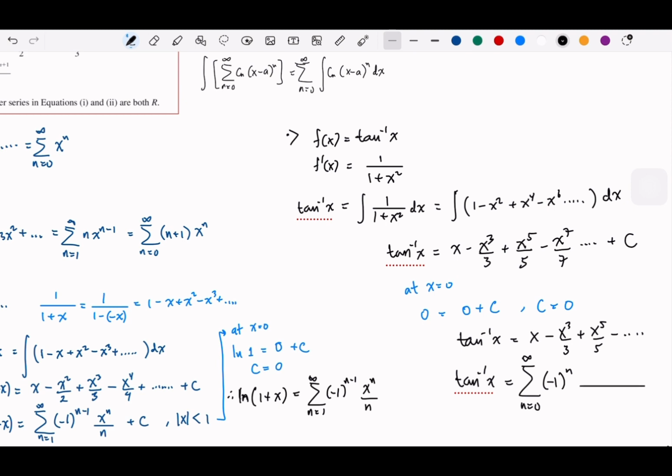And then you see that the denominator is the odd number, 1, 3, 5, 7, and so on. So this will be 2n plus 1. And the numerator will be the power with the odd value also, right? So we can just write x to the 2n plus 1. And to make sure that is correct, we can check like 0, which is going to be consistent throughout the terms, which is going to be correct. Okay?